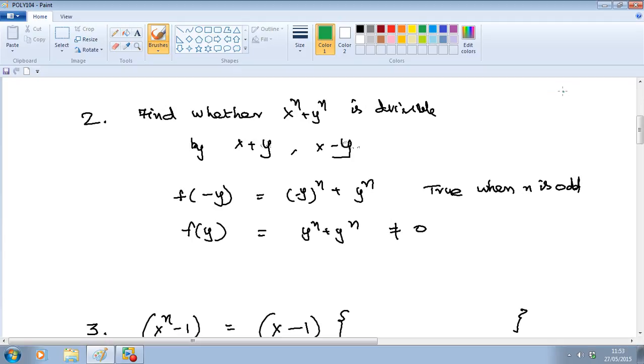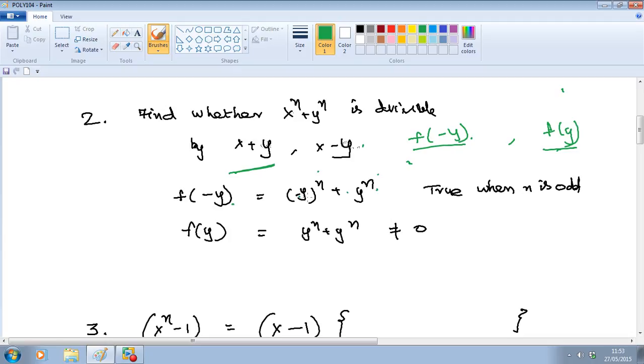Divisible means the first one is f of minus y, next is f of y. If you take the first one, f of minus y, replace x by minus y: minus y to the power n plus y to the power n.